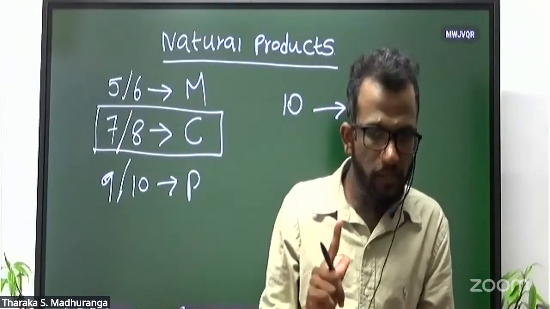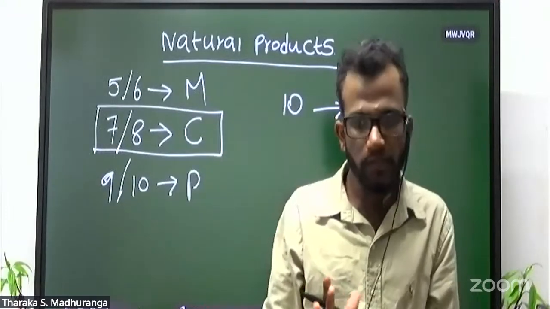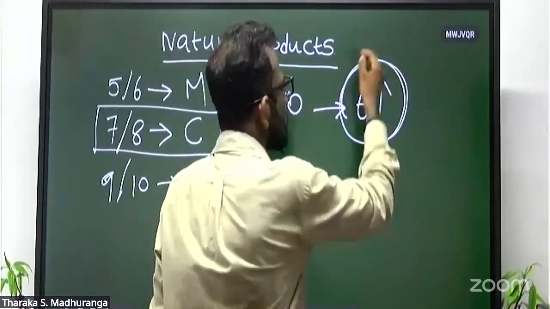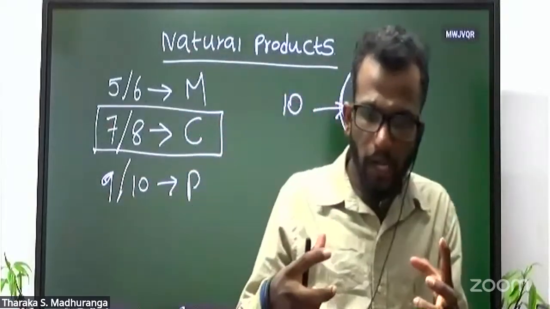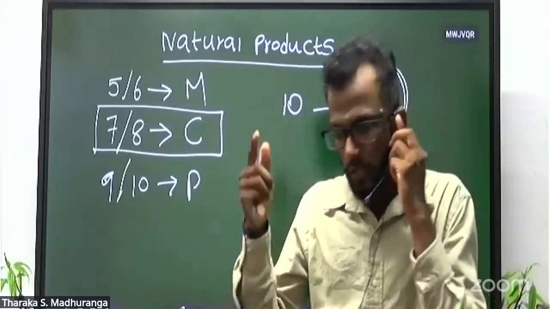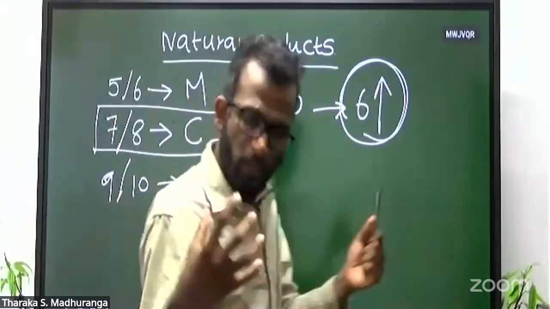Therefore, you can understand why this is the most important lesson in our syllabus, because most of the time these full essay questions come from the natural products lesson, or combine the natural products lesson with the industrial chemistry lesson, our next lesson.